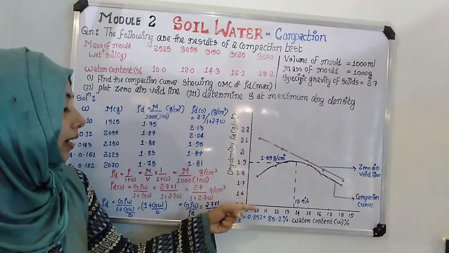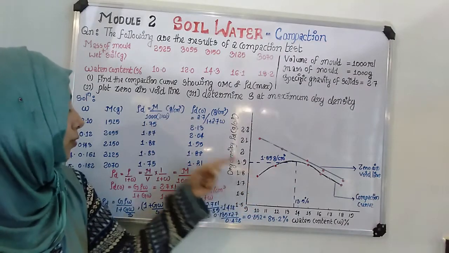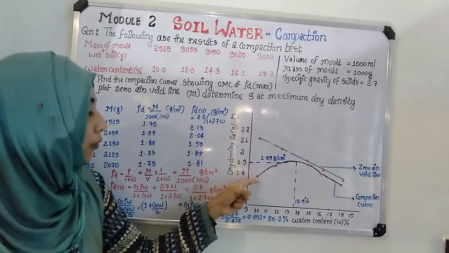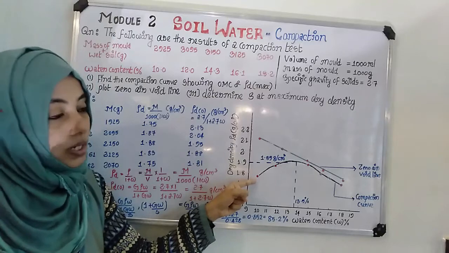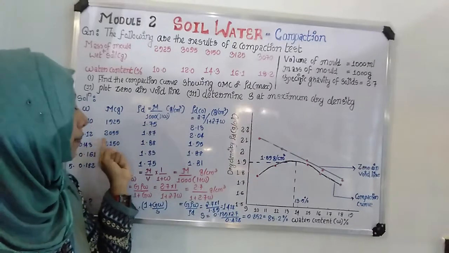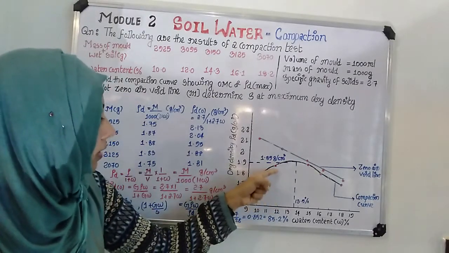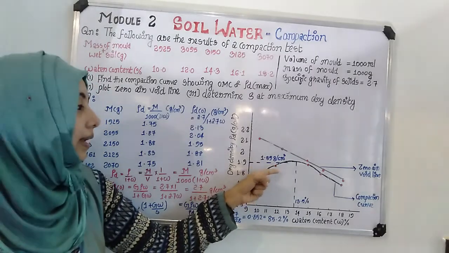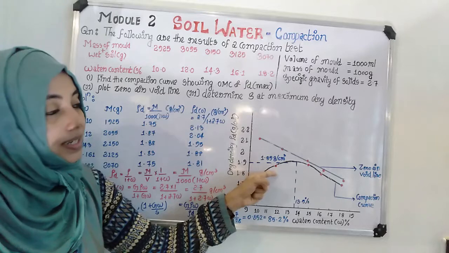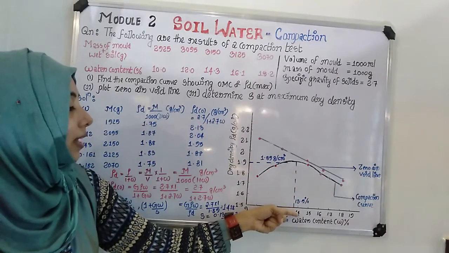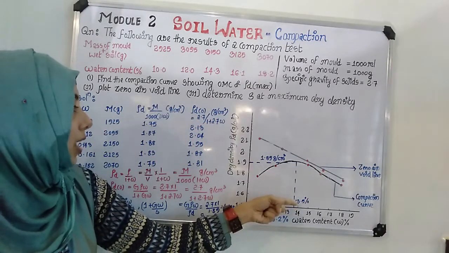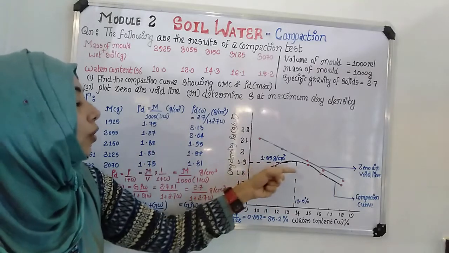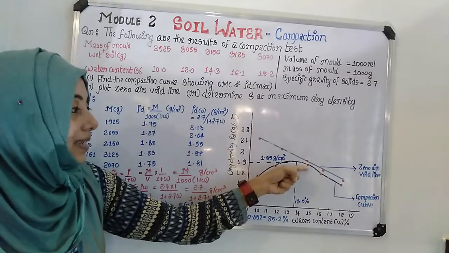For a water content equal to 10%, we have a dry density of 1.75, so we obtain this point. For 12% water content, our dry density is 1.87, and I have marked this point. For water content 14.3% and dry density equal to 1.88, we have this point.